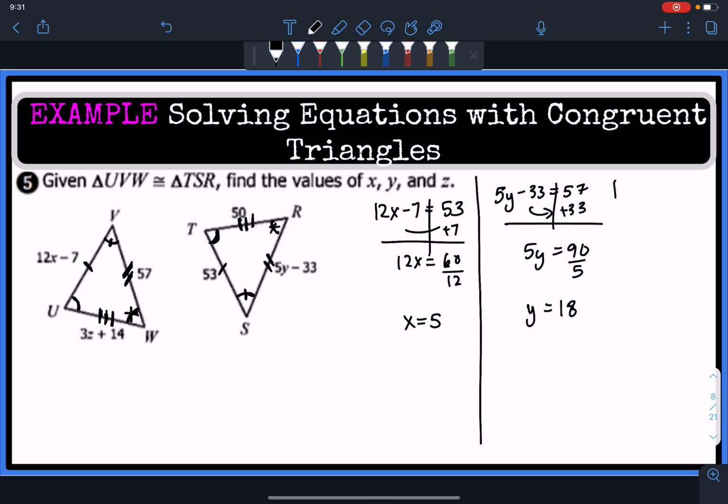And lastly, the only one left is going to be z. Here's z. 3z plus 14, well, with the 3 marks, that's going to correspond with, on the other triangle, the side that has the 3 marks, which is 50. So 3z plus 14 is equal to 50.